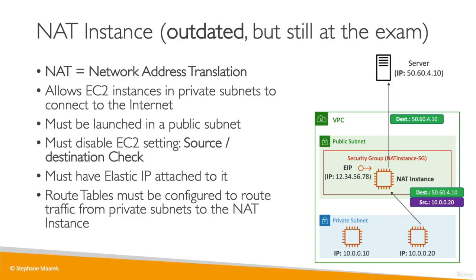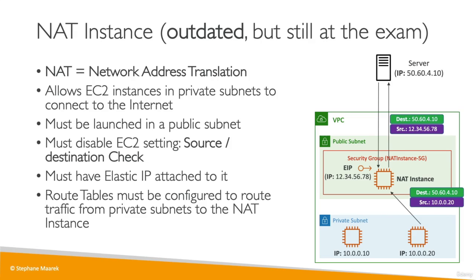But that server sees something different. The destination is still this IP, but now the source IP is 12.34.56.78, which corresponds to the public IP of the NAT instance. So as you can see, this network packet gets rewritten by the NAT instance.